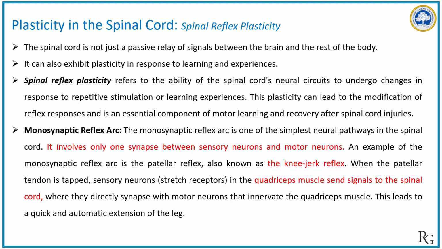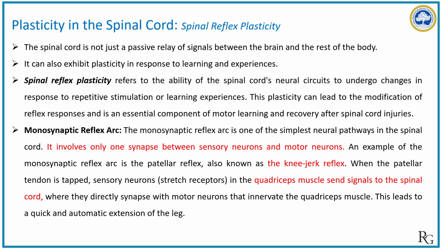Now, as we know, the spinal cord is not just a passive relay for information passing between the brain and the body; it actually adapts and changes, showing its own form of plasticity. One of the best examples that we have seen is reflex plasticity.